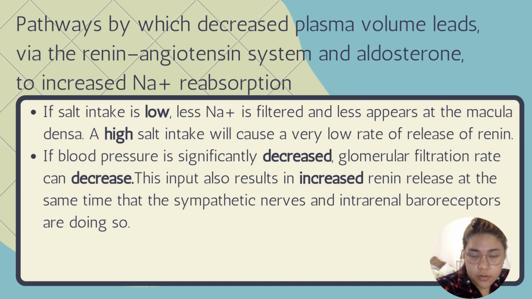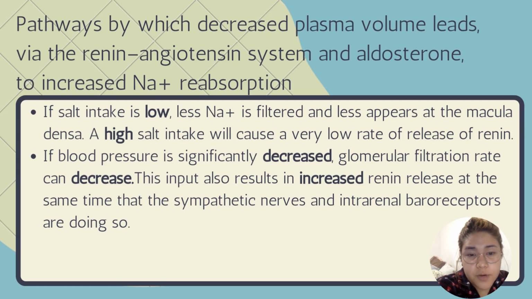So these are also factors that influence the decrease of plasma volume. First, if salt intake is low, there is less sodium filtered and less sodium appearing at the macula densa. And if there is a high intake of sodium, it will cause a low rate of release of renin.